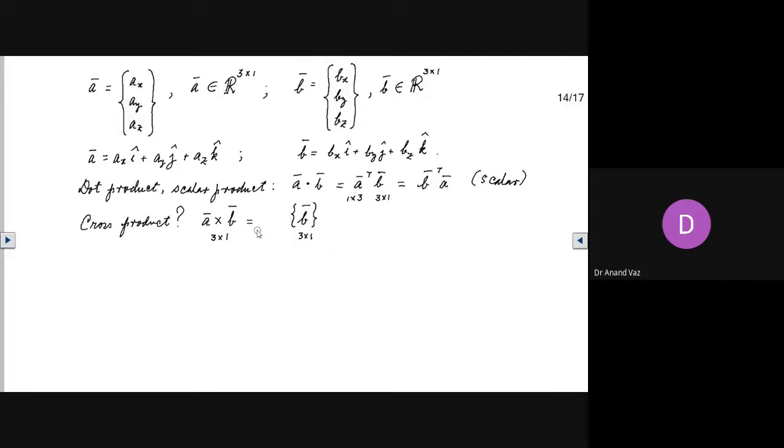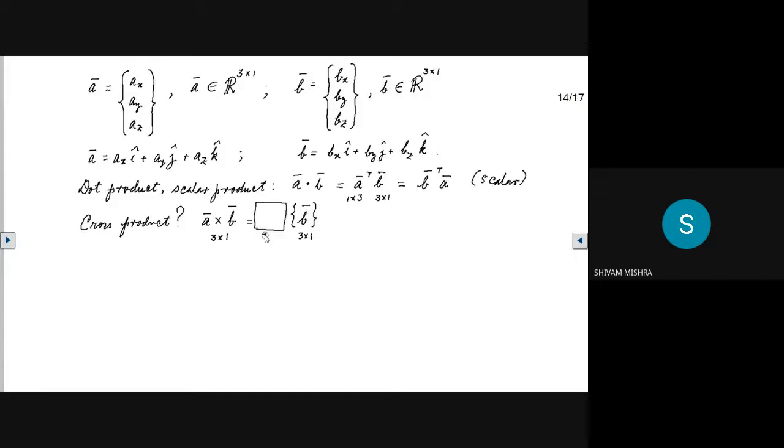Can we operate something on this? Can we have a matrix here? And what should be the order of this matrix? If we multiply this matrix on B, we should be able to get A cross B. Can you tell me? 3 cross 3.